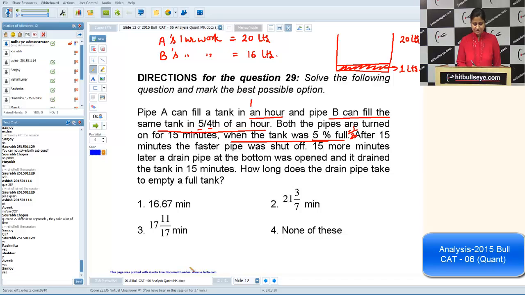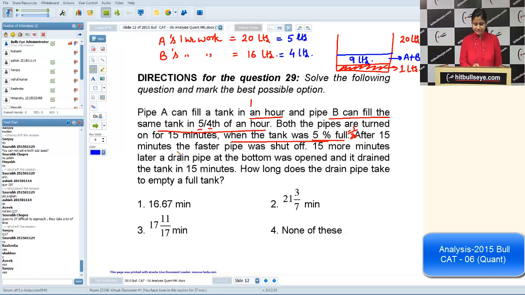In 15 minutes, pipe A will pour 5 liters and pipe B will pour 4 liters, because 15 minutes is 1/4 of 60 minutes, I mean 1 hour. That's why I'm applying the unitary method only. It means for the first 15 minutes, 9 liters is in because A plus B both were working.